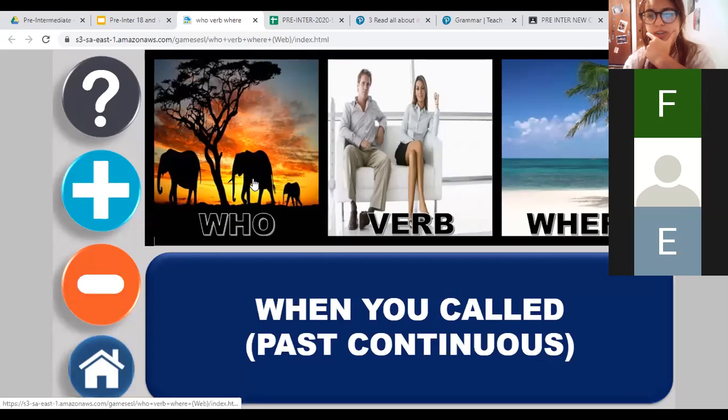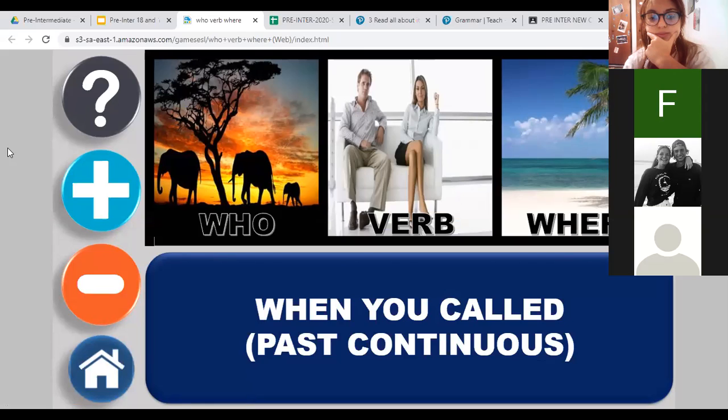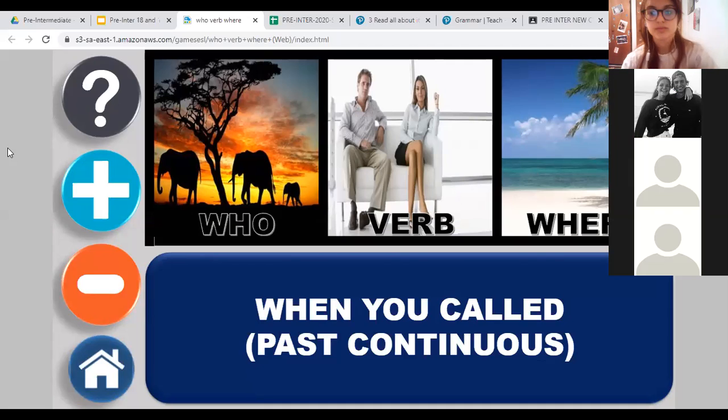Those are so weird, right? ¿Por qué unos elefantes estarían en la playa? Okay, we have past continuous, a question using the 3 elements.